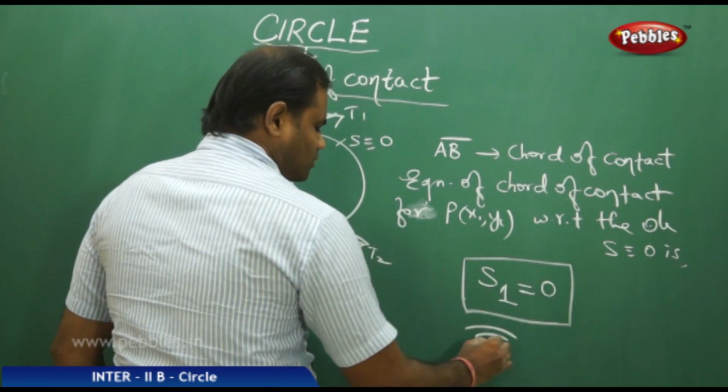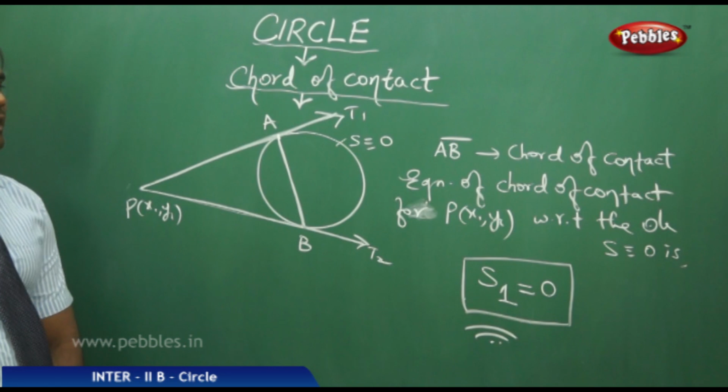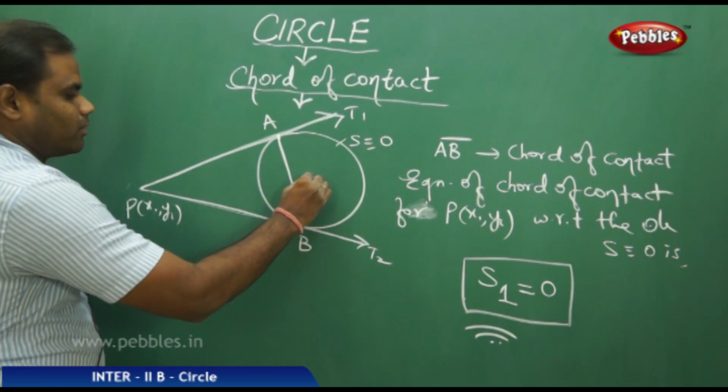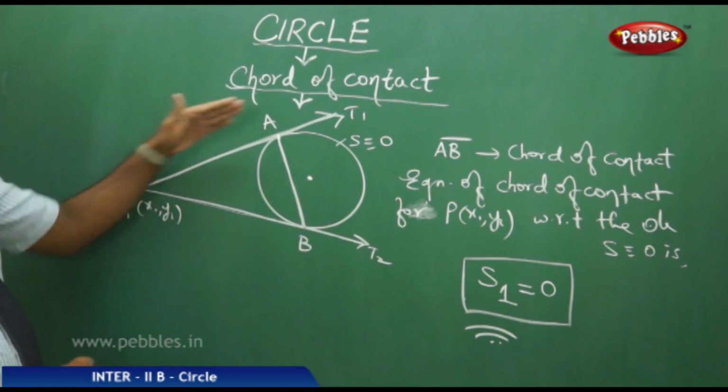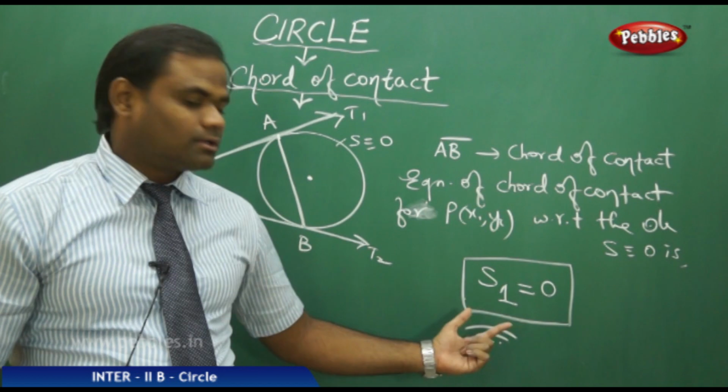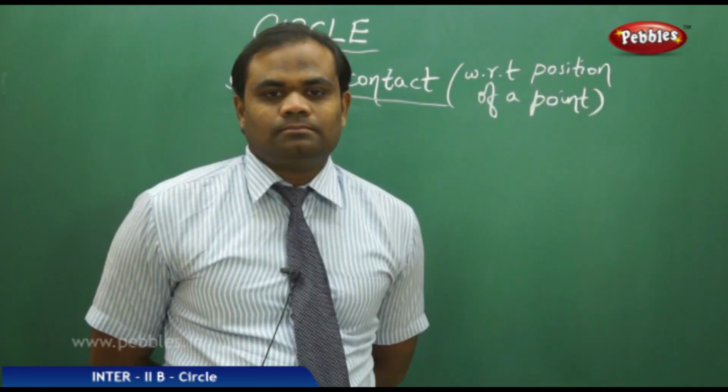So the equation of chord of contact is S1 equal to 0, which is obtained from an external point from where the two tangents are drawn. The chord of contact with the equation S1 equals 0.